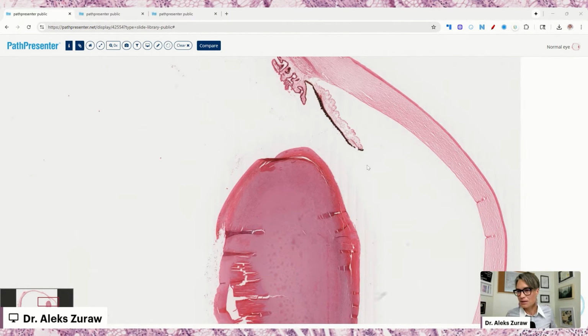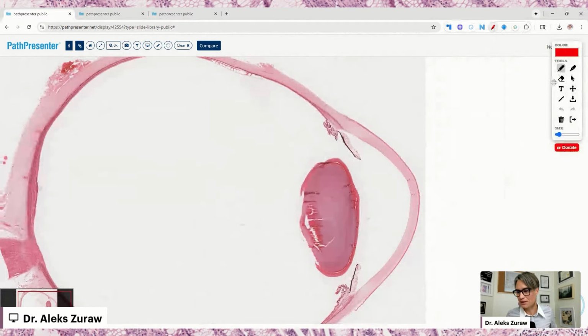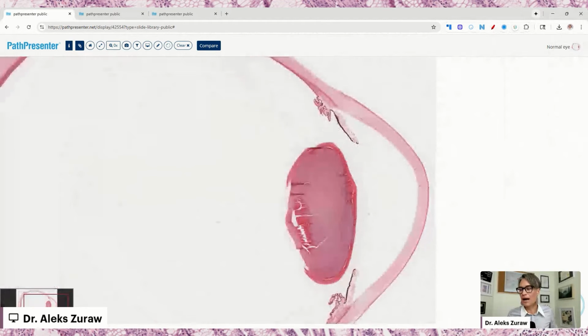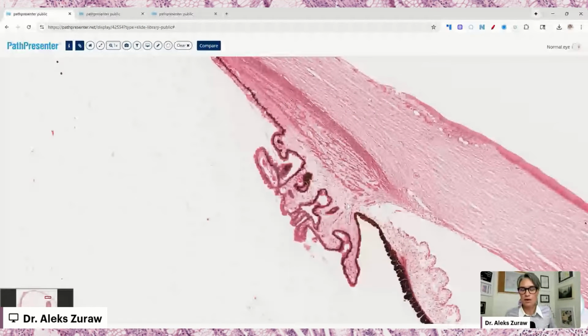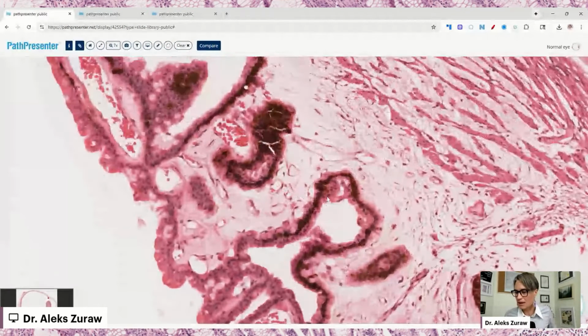So you can see this gap here. We saw this gap already, and it regulates how much light is going into the eye. This is the function of the iris, to either let a lot of light in or let a little bit of light in. And we have our ciliary body here, and it also has this dark epithelium, the pigmented epithelium.